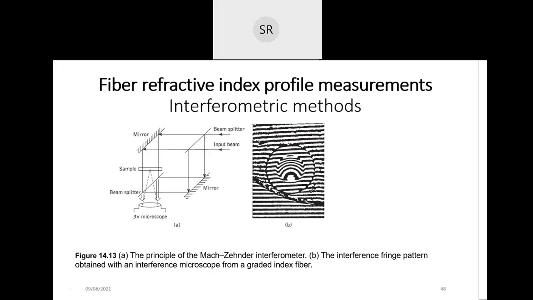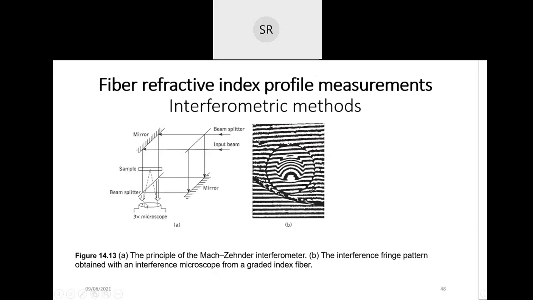This slab is used to propagate the light through it. Then we have a microscope, and that microscope will measure the incoming or outgoing light from this given fiber slice. The sample is nothing but a fiber slice, and here we have the microscope.